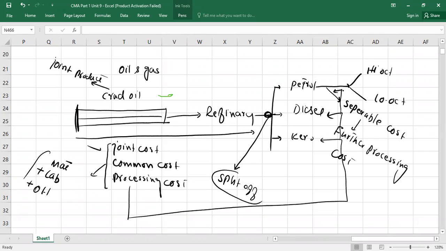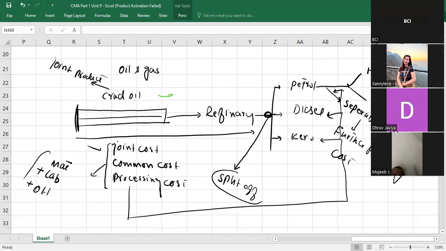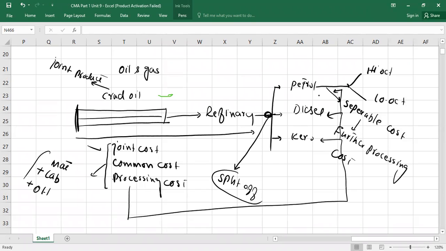Understood why we need to allocate? The reason is that these costs we have incurred to get the petrol and diesel, so these costs should be charged to the petrol. Because maybe you want to recognize the inventory of petrol, or the inventory of diesel, in your balance sheet. So you must know what the cost is. Sometimes they will ask you the question, what is the purpose of allocation of joint cost?